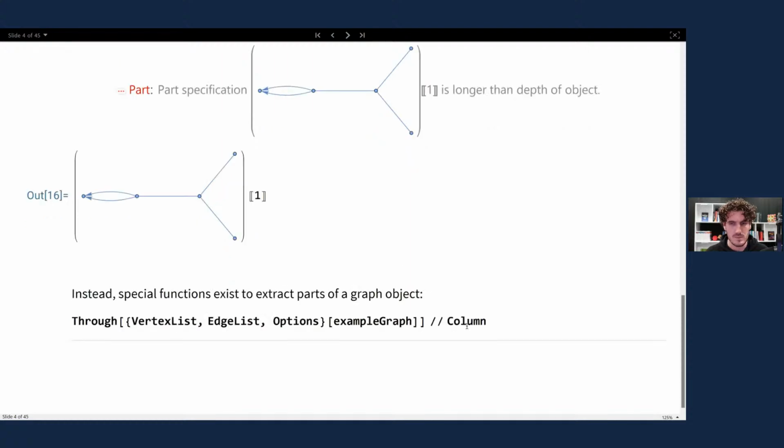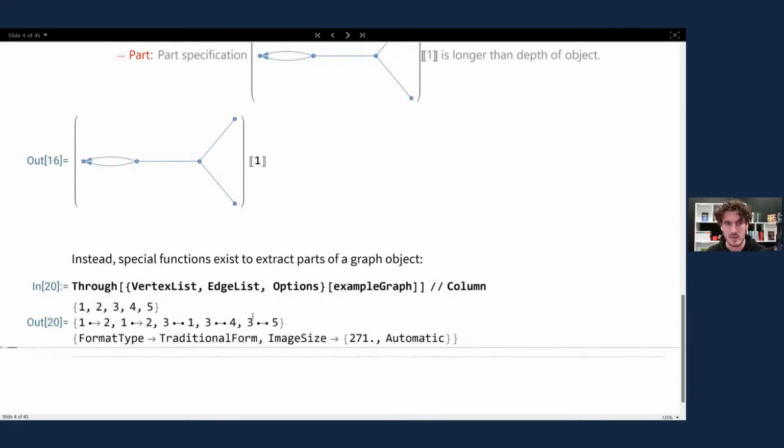What I mean is we're going to take these functions, VertexList, EdgeList, and Options, run them on our graph and show the information in a column. So here's the vertex list, here's the edge list, and here's the options. We can dig around and find this information, but that doesn't mean that the graph itself is non-atomic. Hopefully that makes sense.